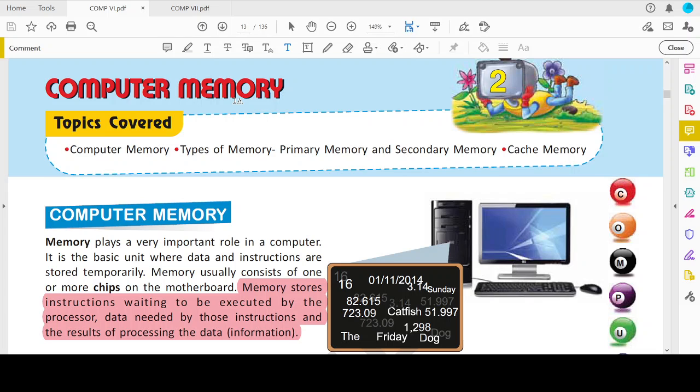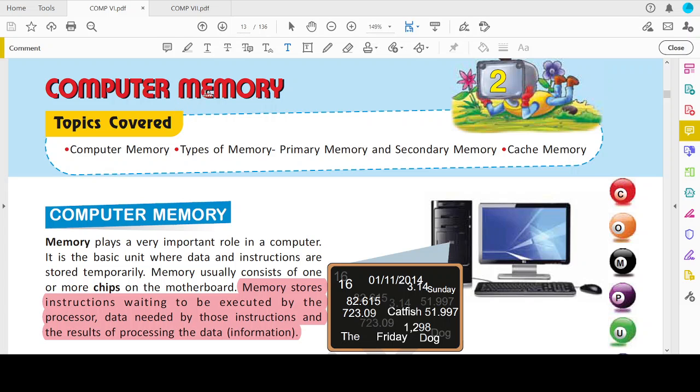We have also discussed the storage unit and the processing unit of a computer. So here we will see the storage unit, or the memory unit, of the computer in detail.